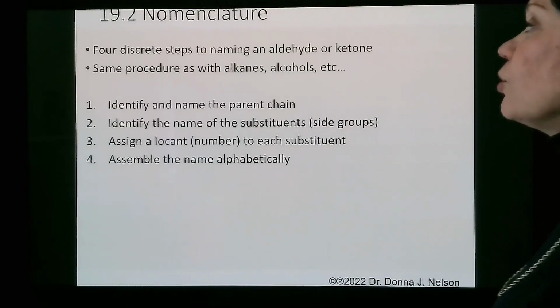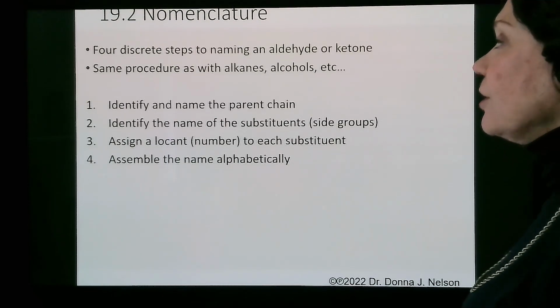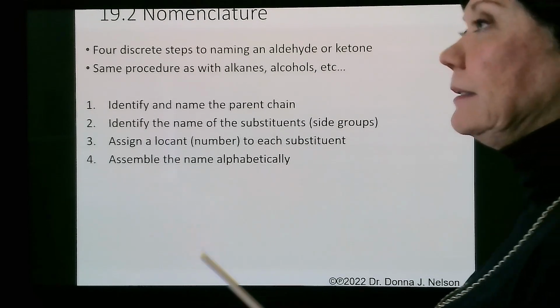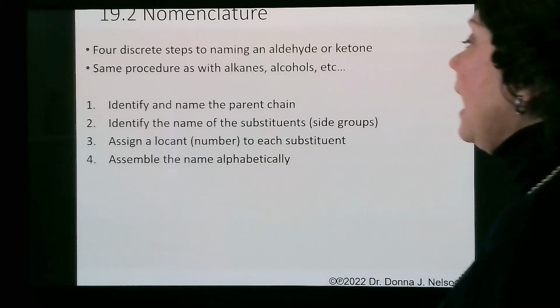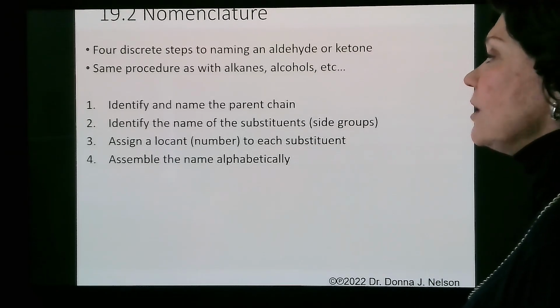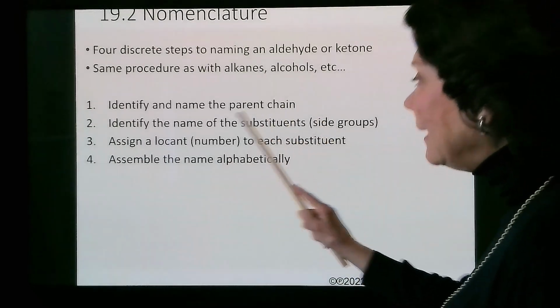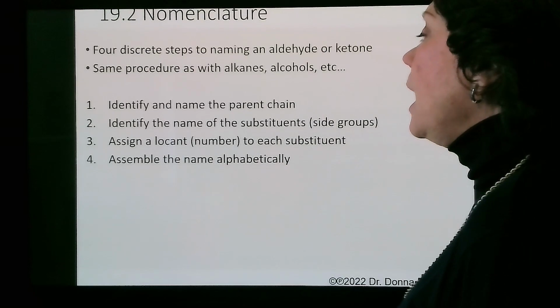There are 4 discrete steps, at least, to naming an aldehyde or ketone. You're going to see some of these exemplified. It's the same procedure as with alkynes, alcohols, etc. Identify and name the parent chain. This is a little more complicated than it sounds right here.